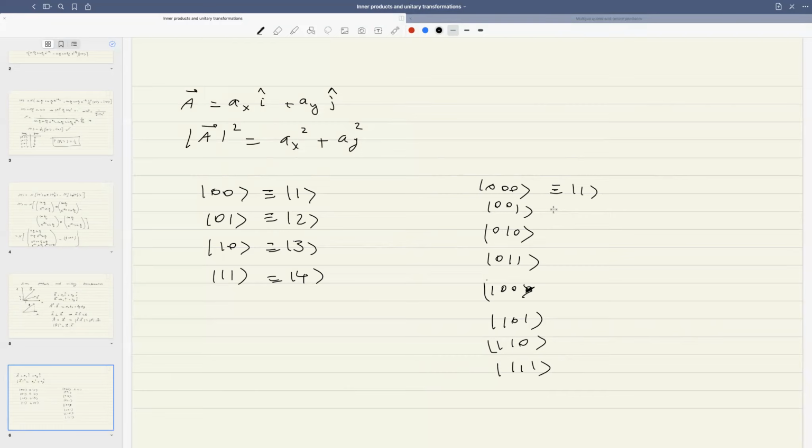Call this state 1, call this 2, call this 3, this 4, 5, 6, 7, and 8. Okay.